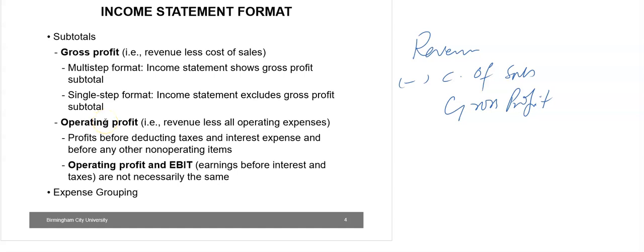Operating income or profit is a measure of company's profits on its usual business activities, that is the ordinary course of business, before deducting taxes as well as interest expenses for non-financial companies. For financial companies such as banks, interest expense is an operating expense because that is their main operating activity.